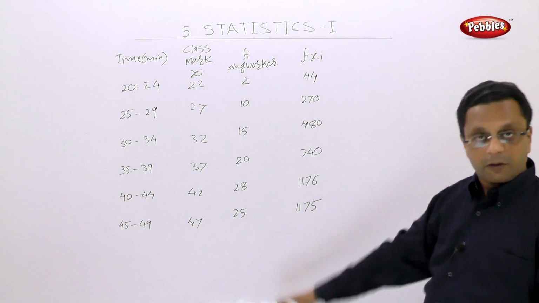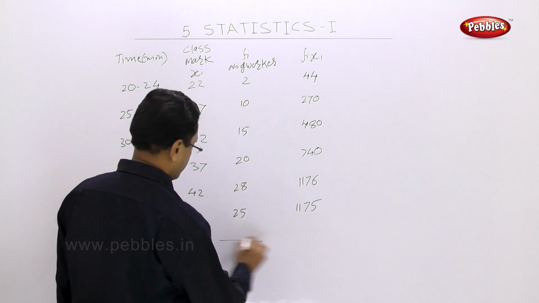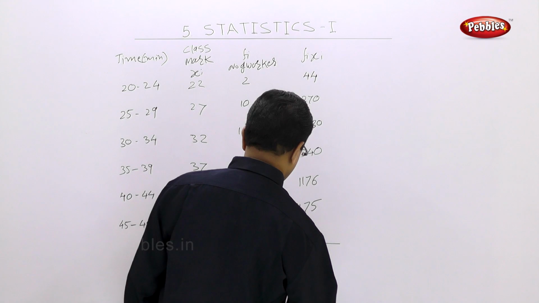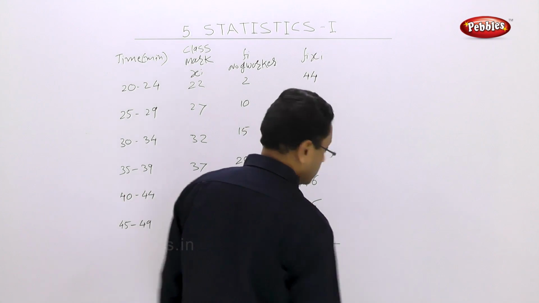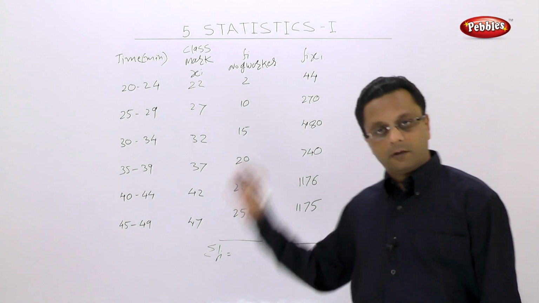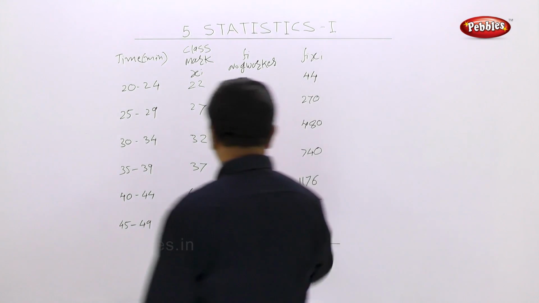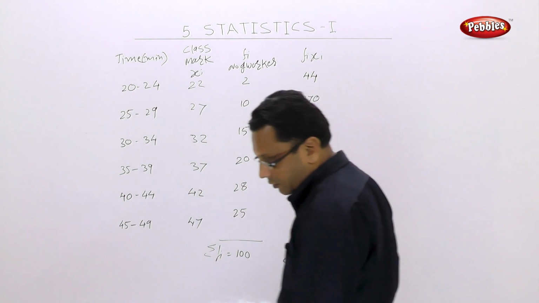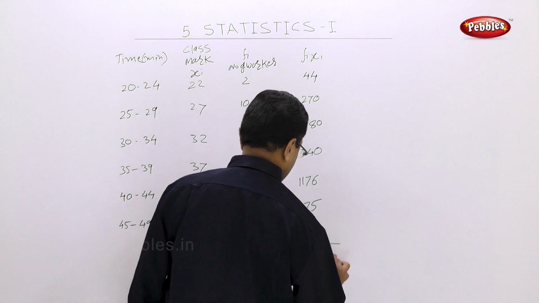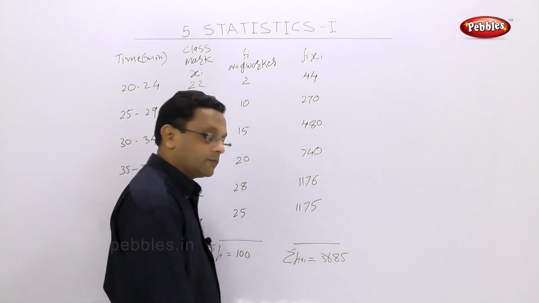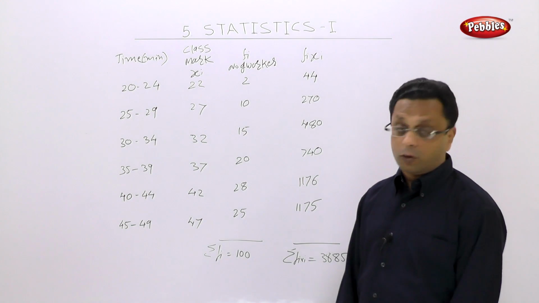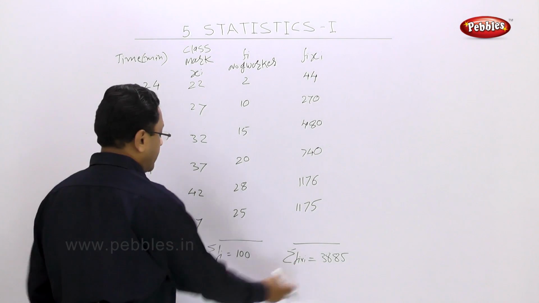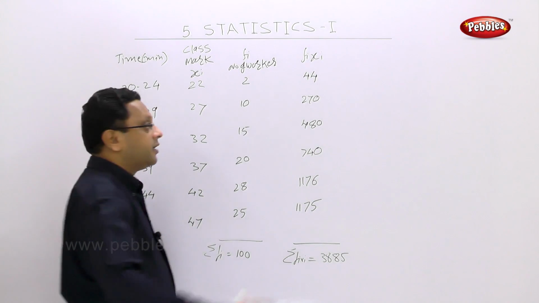Then sigma fi and sigma fi xi. Do the additions and quickly find out. This is 100 and this is the total. Check your calculations. Don't make any silly mistakes in addition or multiplication.